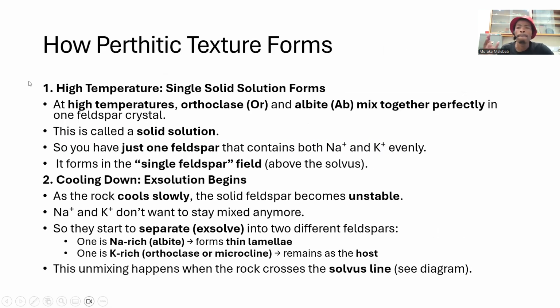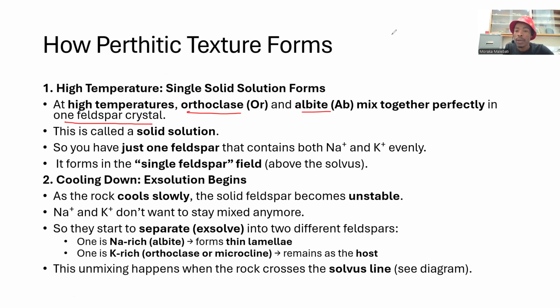So how the perthitic textures form. At high temperature, we have a single solid solution, a single feldspar. So at high temperature, orthoclase and albite will mix together perfectly in one feldspar crystal.